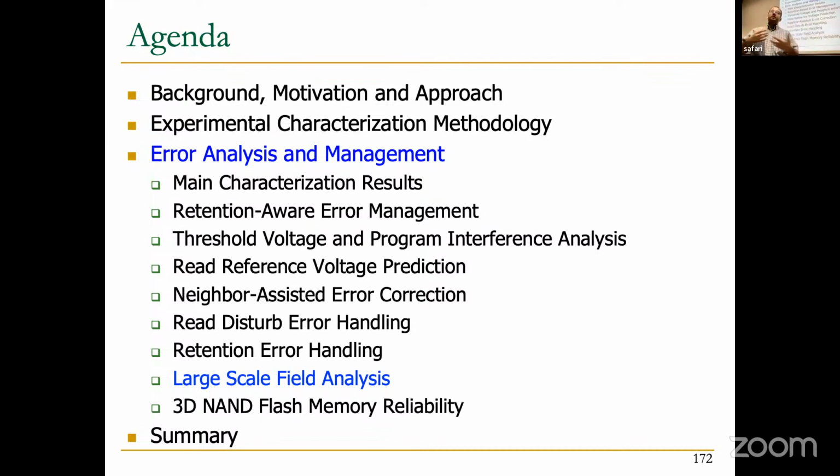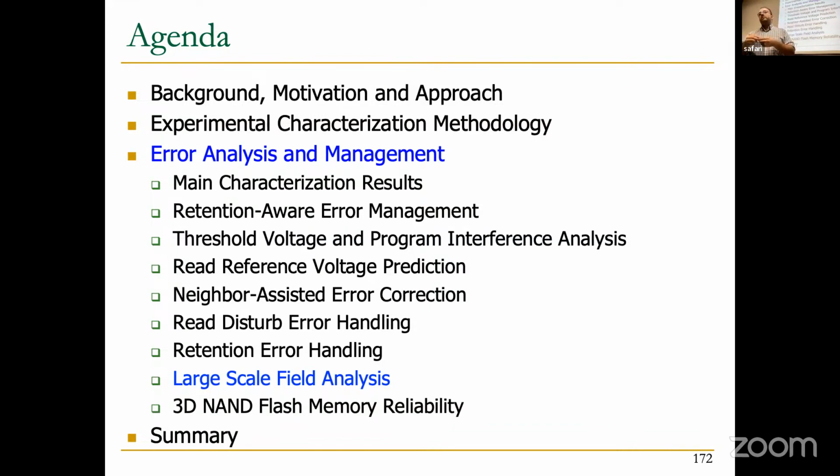We trigger this technique when the device is dead, and in order to understand which cells are fast leaking and slow leaking, you can do it online. When you want to do this technique, you write to your block and then profile the retention errors.